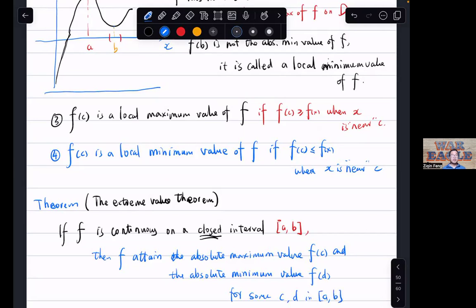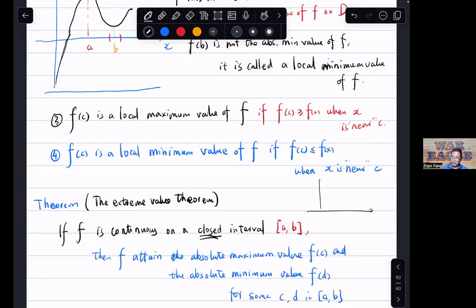Which means this is good, right? If you have a continuous function and a closed interval, you can identify the absolute maximum and the absolute minimum value of this function, right? They exist.